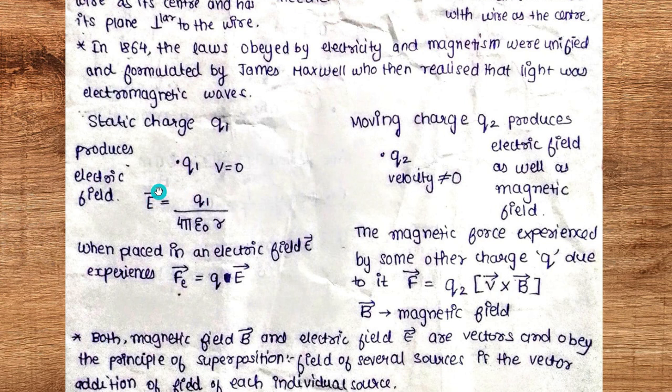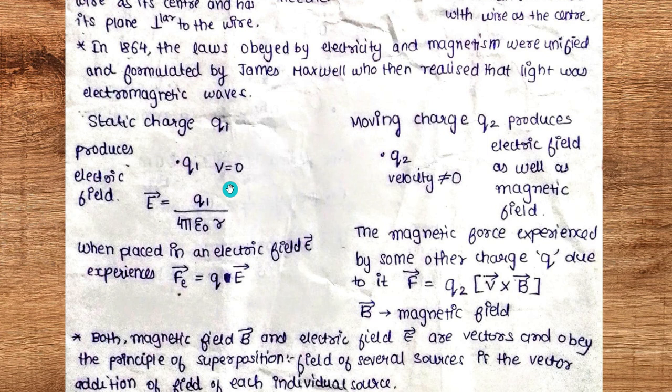Now if I place one more charge Q, let this blue dot be one more charge Q over here, it will experience an electric field due to Q1, and due to that electric field it will feel a force.